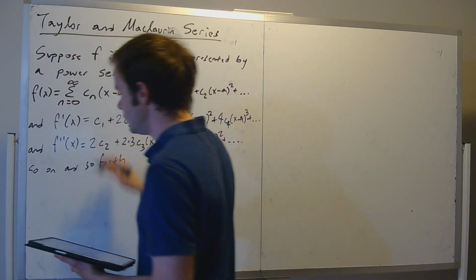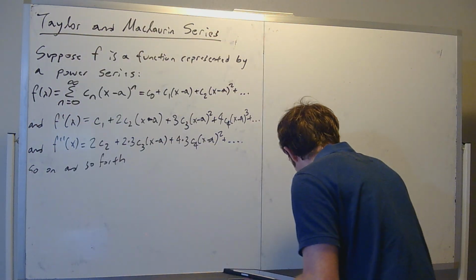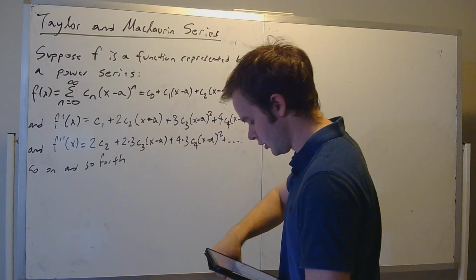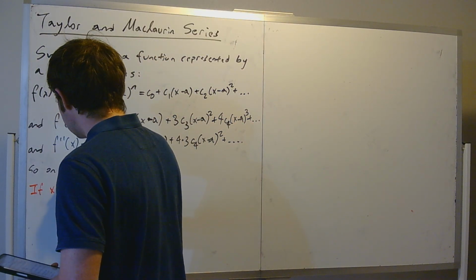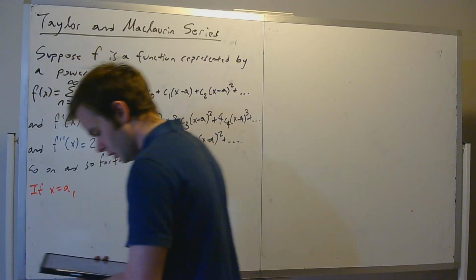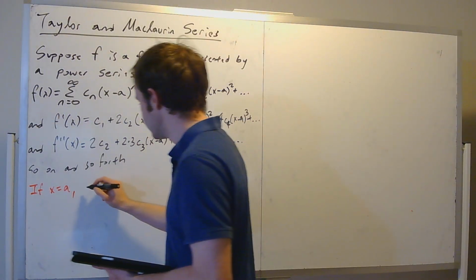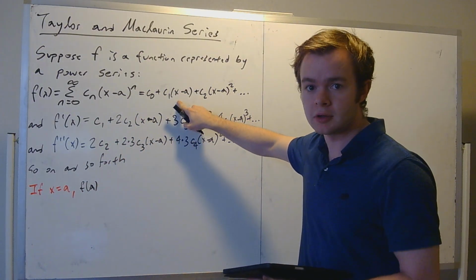Right, so you can just keep doing this, keep taking derivatives, but let's say here, what happens if x is equal to a, right? Because that looks like a special case. So if x equals a, then what's going to happen here is we've got f of a, right? So we just plug in a to what we had up here.